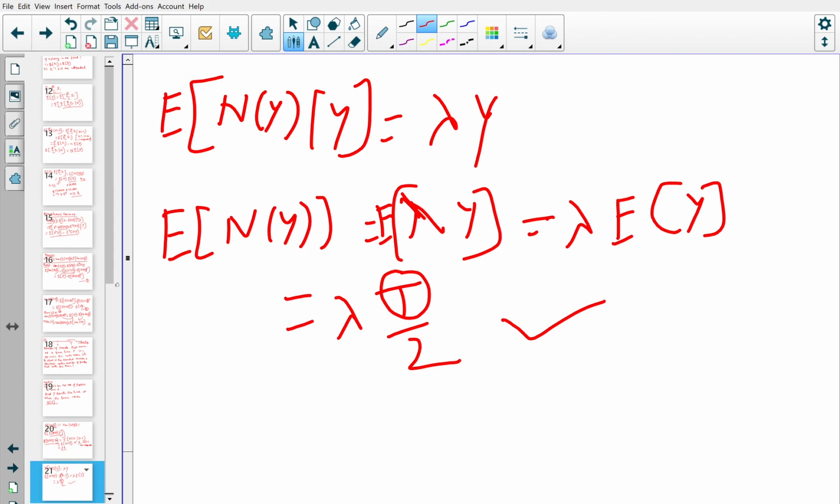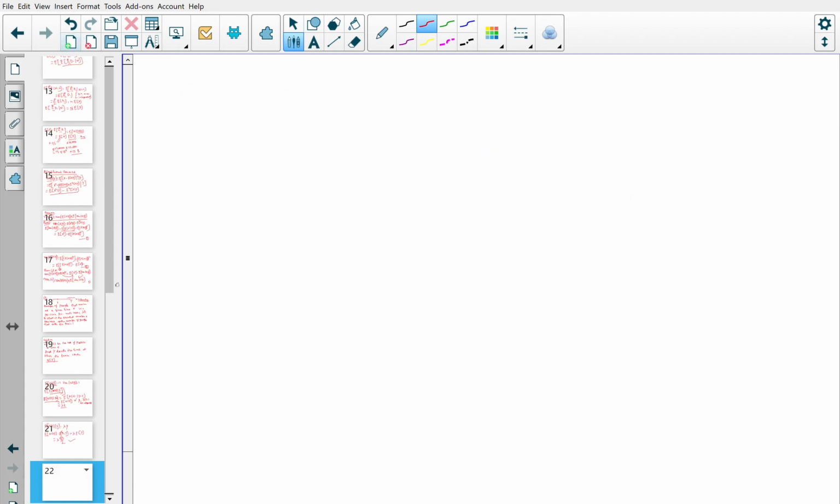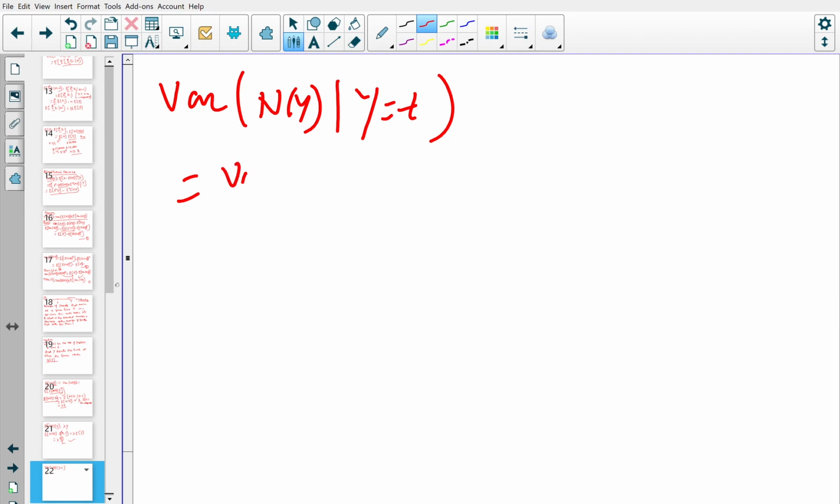Now what is the variance? Let me calculate the variance part, using the conditional variance formula. You remember the conditional variance formula. So you start with the conditional variance: variance of N(Y) given that Y equals t. This is nothing but variance of N(t) given Y equals t.